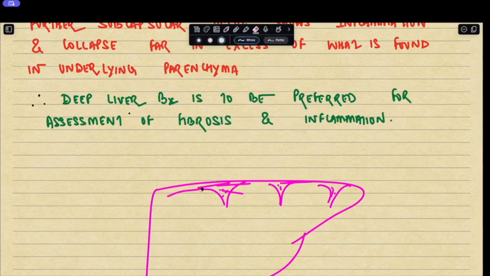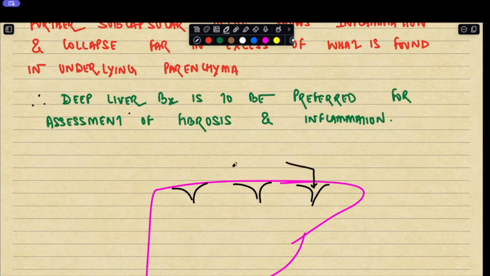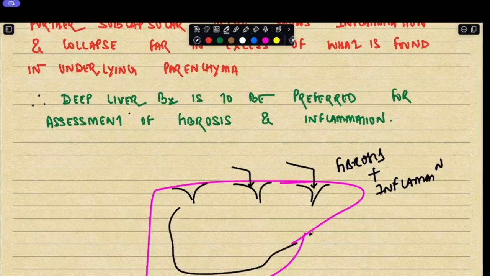Let me show you once again in a clear way so that you understand well. This subcapsular fibrous tissue is dipping down like a trabecula. Now suppose this subcapsular area shows fibrosis plus inflammation far in excess, much more than what you see in the underlying parenchyma.